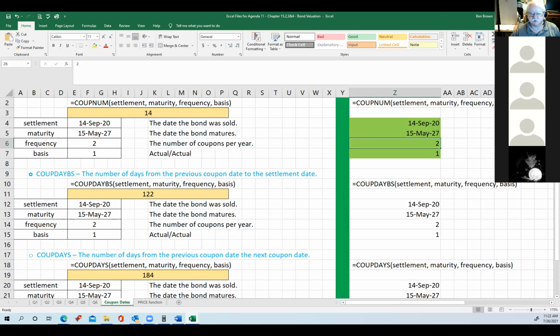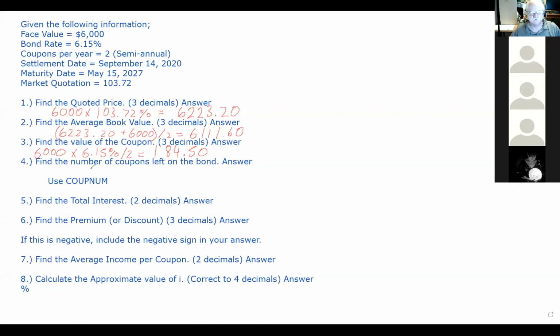Let's go back to our other sheet. So find the number of coupons left on the bond. And we've determined that that is 14 coupons. And that's what Moodle wanted us to do there.